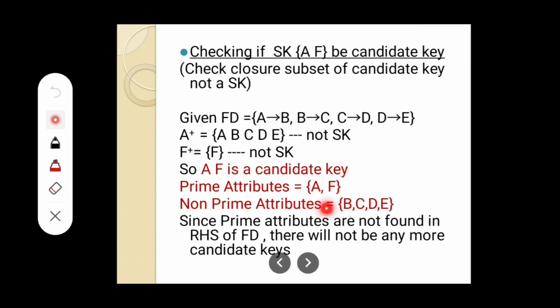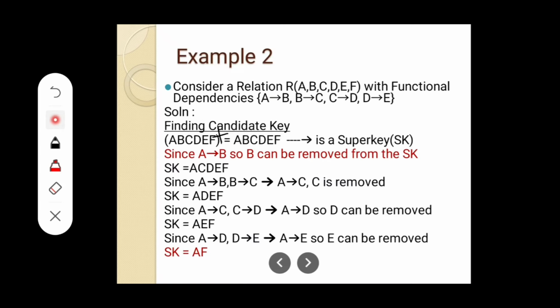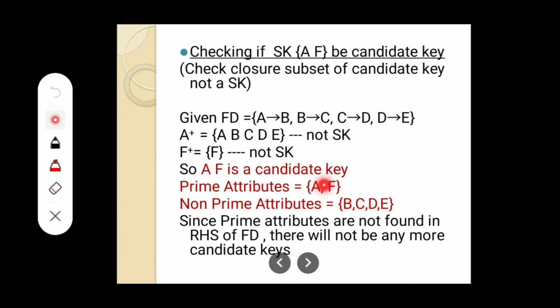What are non-prime attributes? The rest of the attributes other than A and F in the relation are the non-prime attributes. How is the relation given? A, B, C, D, E, F. In that, A, F are prime attributes. What is remaining? B, C, D, E. So they are the non-prime attributes.